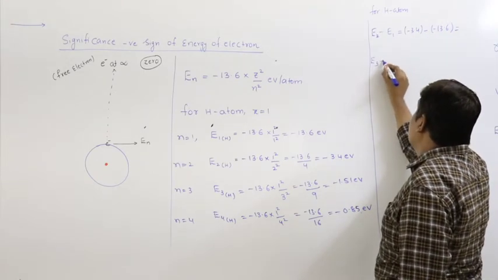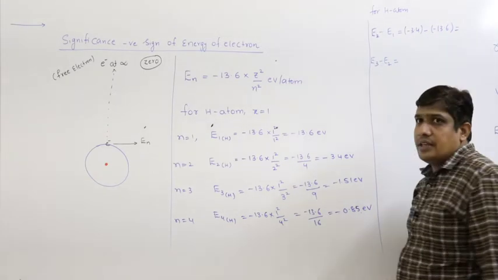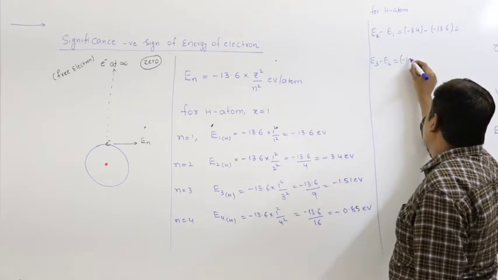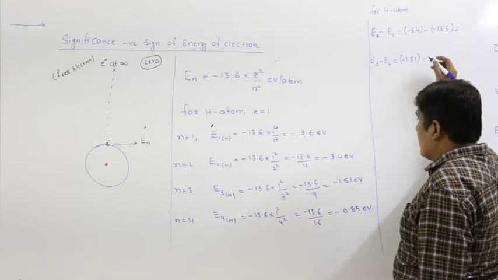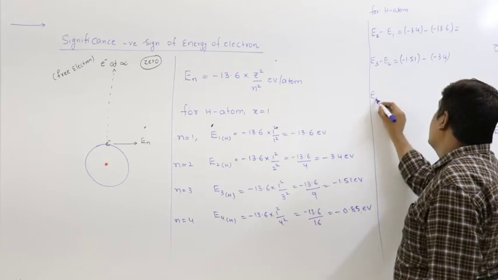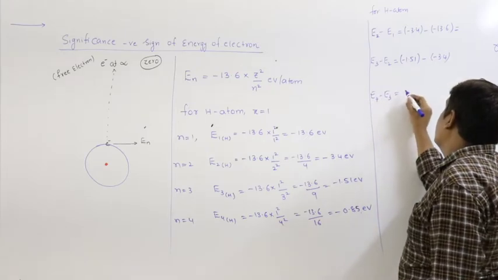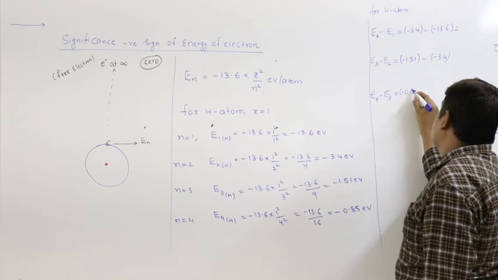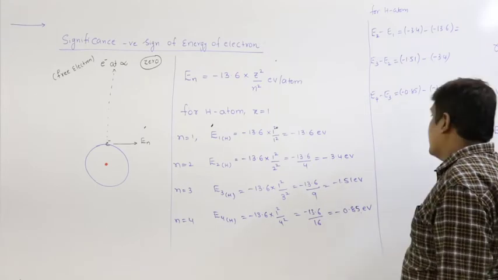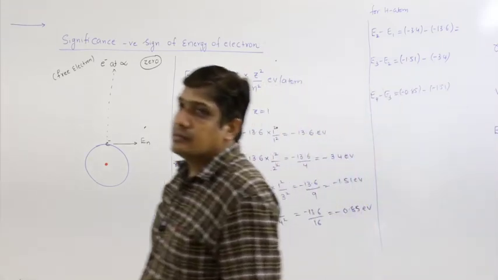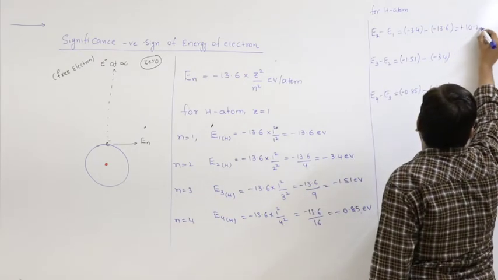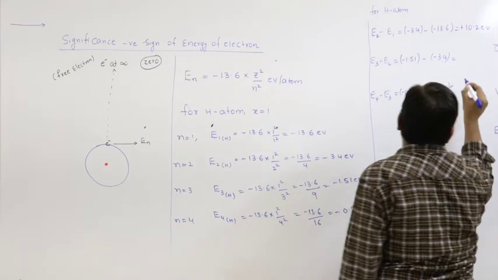Similarly, E3 minus E2, that is minus 1.51 minus of minus 3.4. Similarly, E4 minus E3, that is minus 0.85 minus of minus 1.51. I think the first one you will get around 10.2 electron volt. Similarly, we can calculate the others.